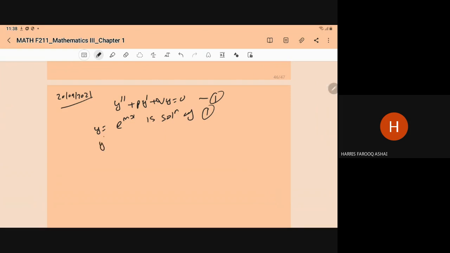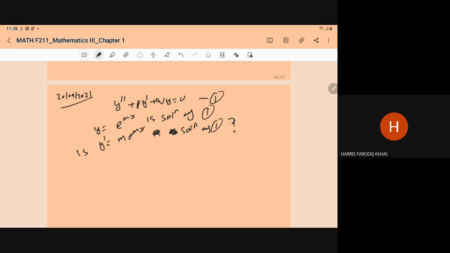So y dash is equal to m into e to the power mx. Is this y dash a solution of the first?